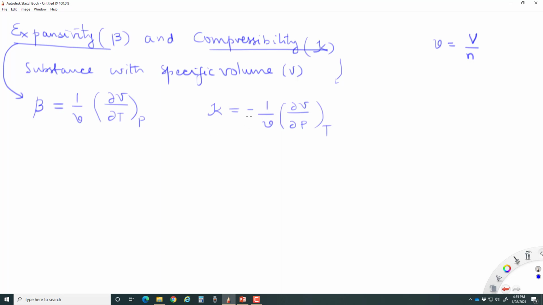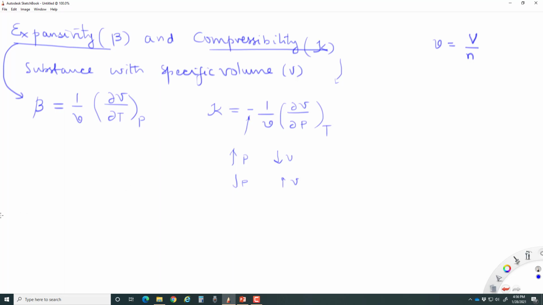And this negative sign implies that the way the volume responds to the pressure is in the opposite direction. In other words, as you increase the pressure, the volume decreases. Or vice versa, if you decrease the pressure, volume increases. That's why we have a negative sign there.